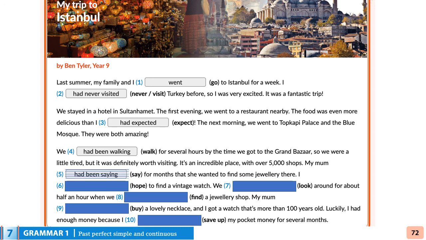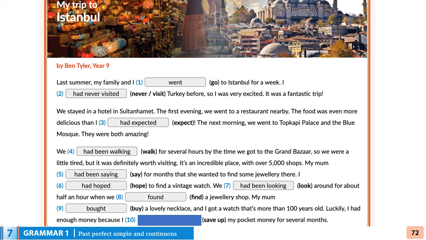My mum had been saying for months that she wanted to find some jewelry there. I had hoped to find a vintage watch. We had been looking around for about half an hour when we found a jewelry shop. My mum bought a lovely necklace and I got a watch that's more than 100 years old.